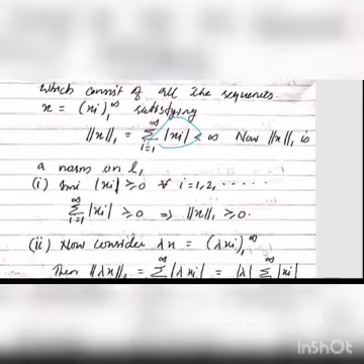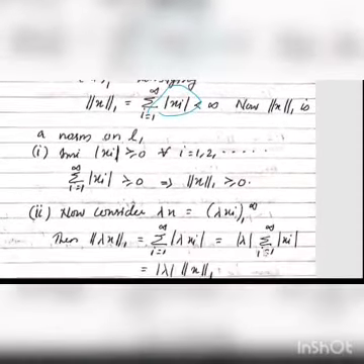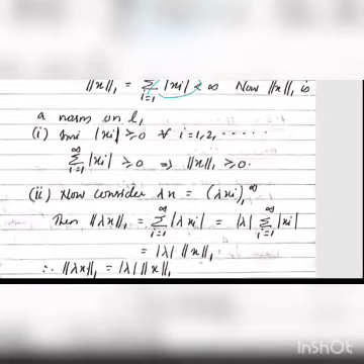Now consider lambda x. Lambda x means the sequence lambda into xi from 1 to infinity. Then the 1 norm of lambda x is equal to sigma i equal to 1 to infinity mod of lambda xi.